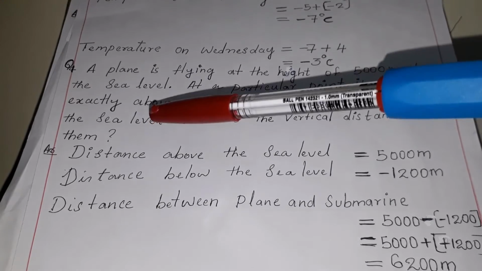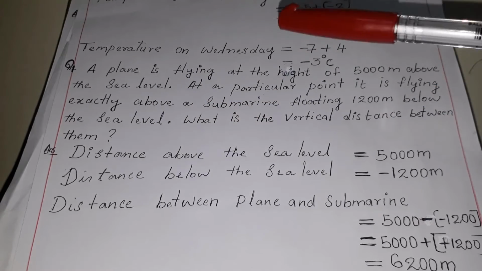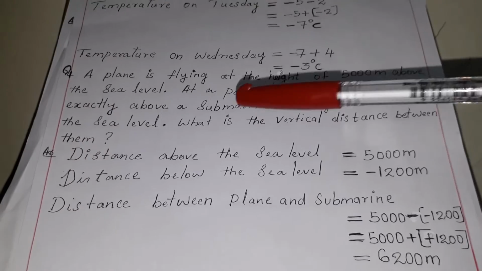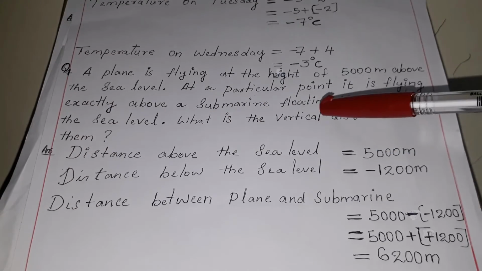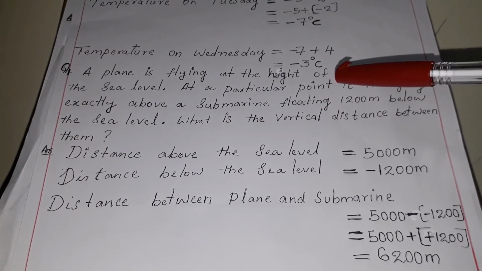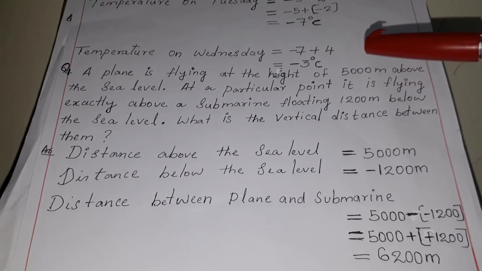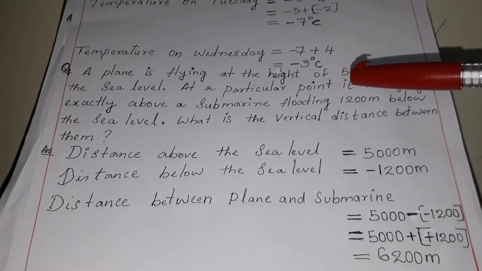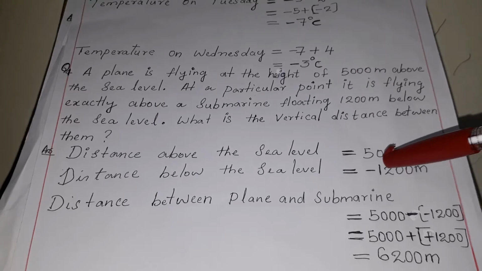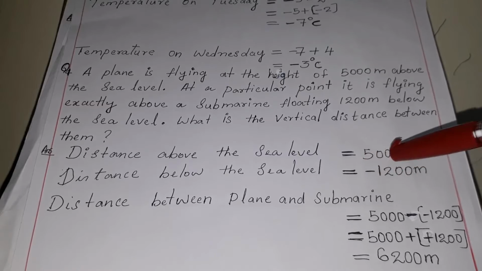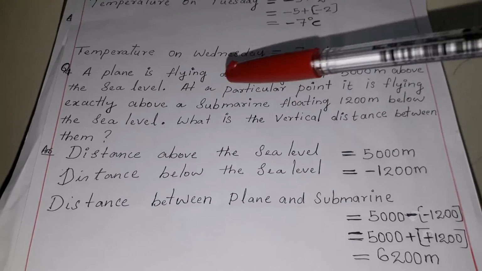How will you do this one? First of all, you have to write the steps. What is the distance above the sea level? We already know that above sea level is represented by a positive integer. How is the distance below the sea level represented? It is represented by a negative integer, that is minus 1200 meters.